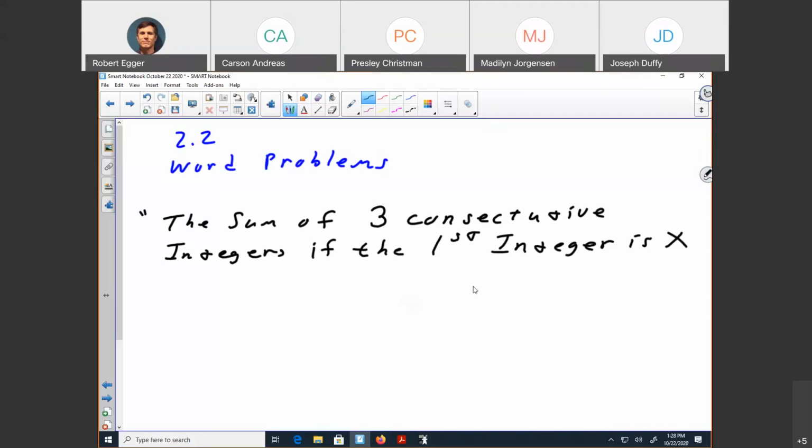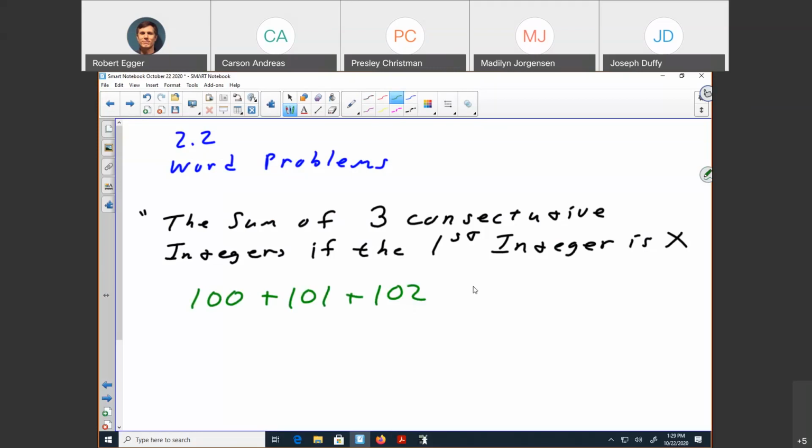Okay. How would you describe the sum of three consecutive integers if the first integer is x? Let's see, what's three consecutive integers? 100, 101, 102.